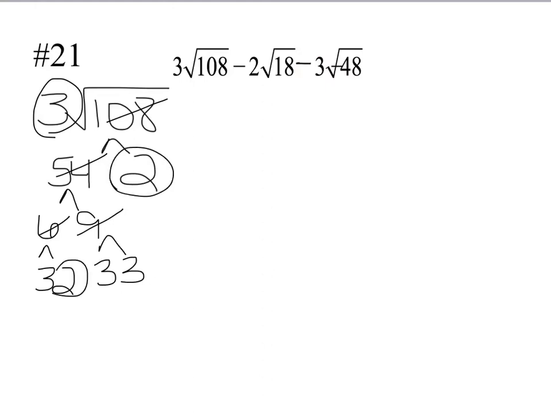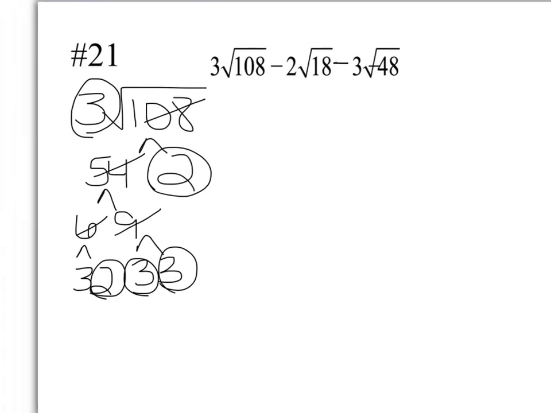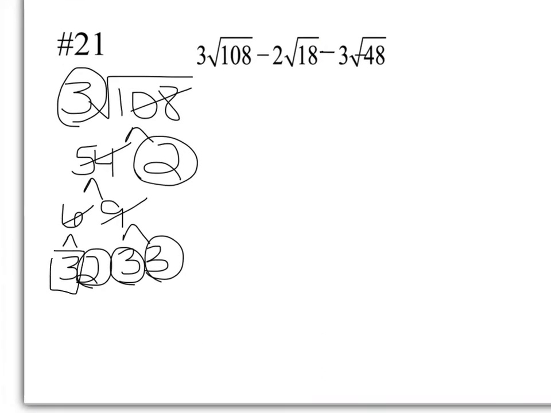So I've got 1, 2 2s, 1, 2 3s, and I've got a 3 being left behind. Okay, so that leaves me 2 times 3, and this is where I'm getting these numbers from. I've got 2 2s, so I'm pulling a 2 out front. I've got 2 3s, so I'm pulling a 3 out front. And then I've got this original 3 from the very beginning of the problem that's also being multiplied out front. And then what's left is just the square root of 3.